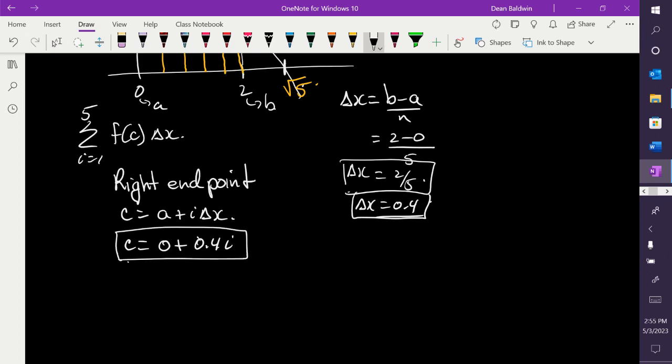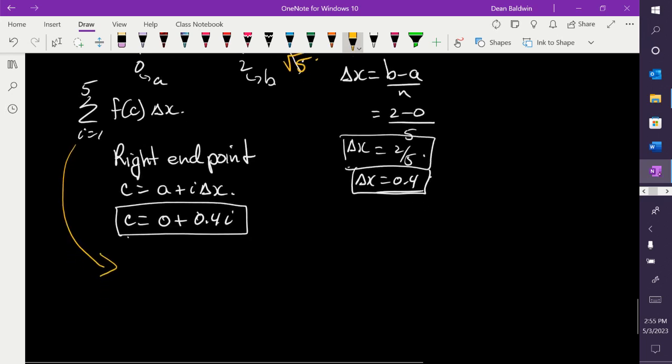Now you plug it into the formula. So it's the sum from i equal to 1 to 5 of f of c, where our c is 0.4i, and delta x is 0.4.